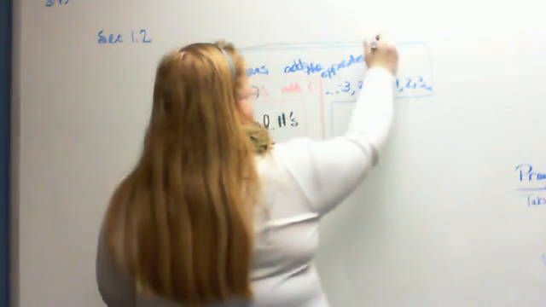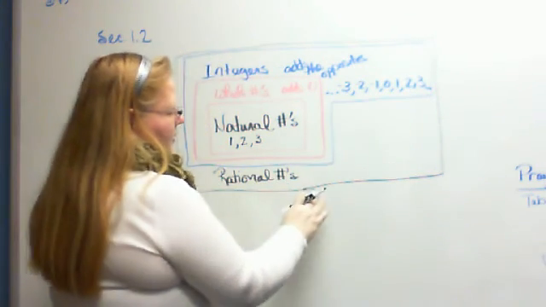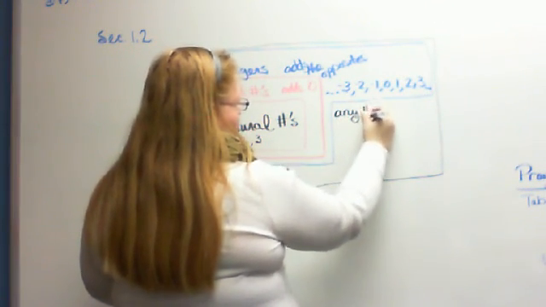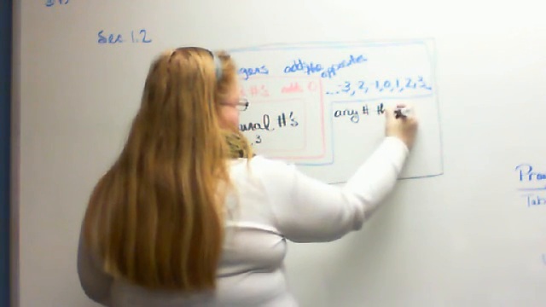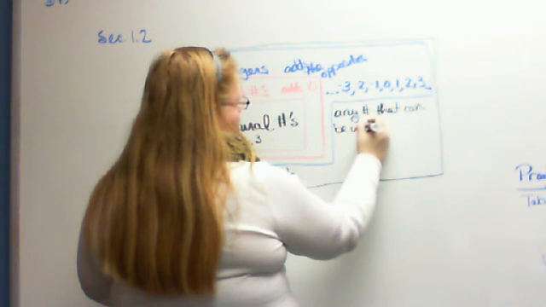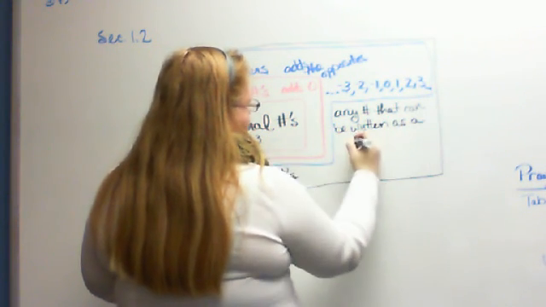But rational numbers, more importantly, are any number that can be written as a fraction.